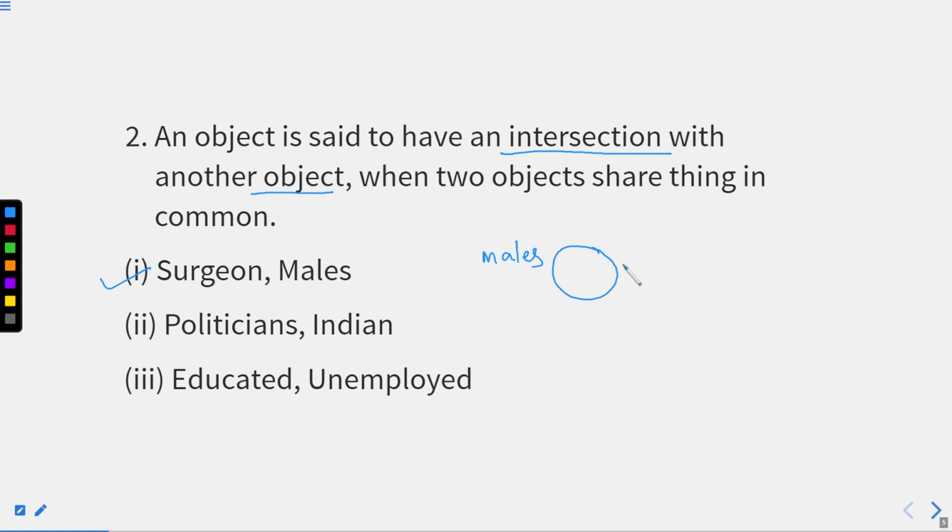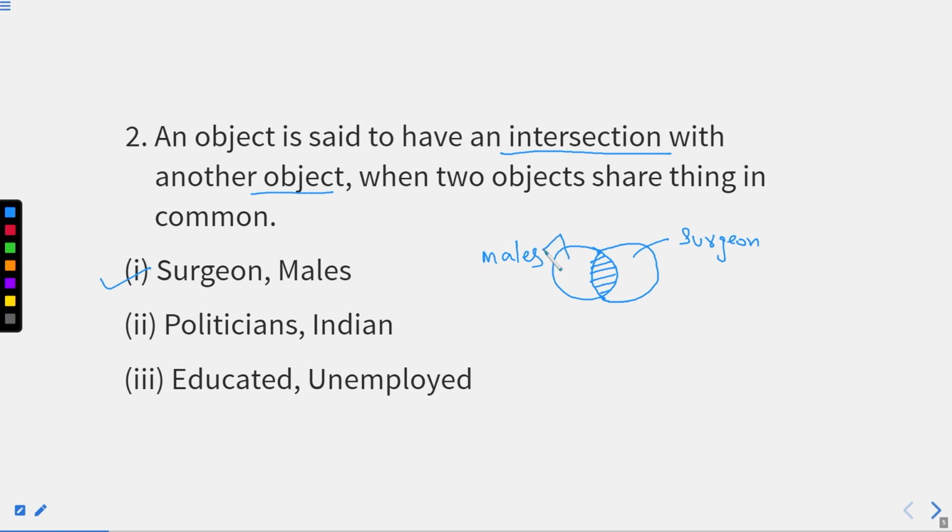So let's say only this particular shaded part that I am using right now is those males who are surgeons as well, and there are a few females who are surgeons also. It is not compulsory that every male is a surgeon or every surgeon is a male, right?